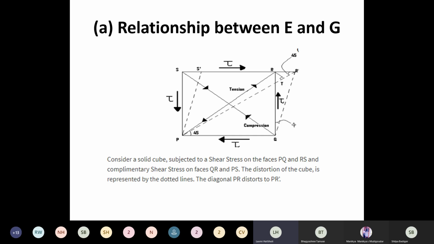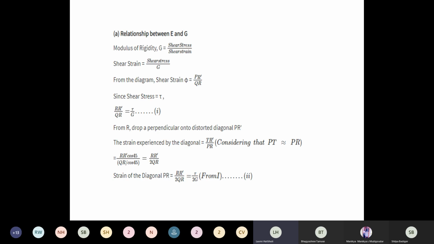Strain means change in length divided by original length. The change in length in the diagonal is taken as TR dash. So the diagonal has been extended. TR dash divided by what is the original length? PR. So it is nothing but TR dash divided by PR.